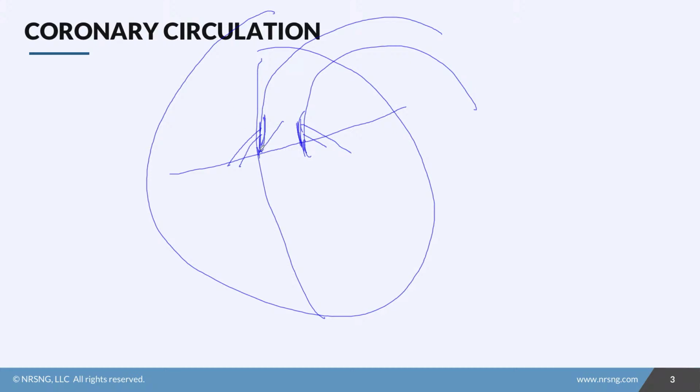Now, then the heart's going to relax during diastole. So this valve is going to close, and those vessels will not be blocked any longer. So when that aortic valve closes and these vessels are no longer blocked, blood can actually flow to the coronary circulation.